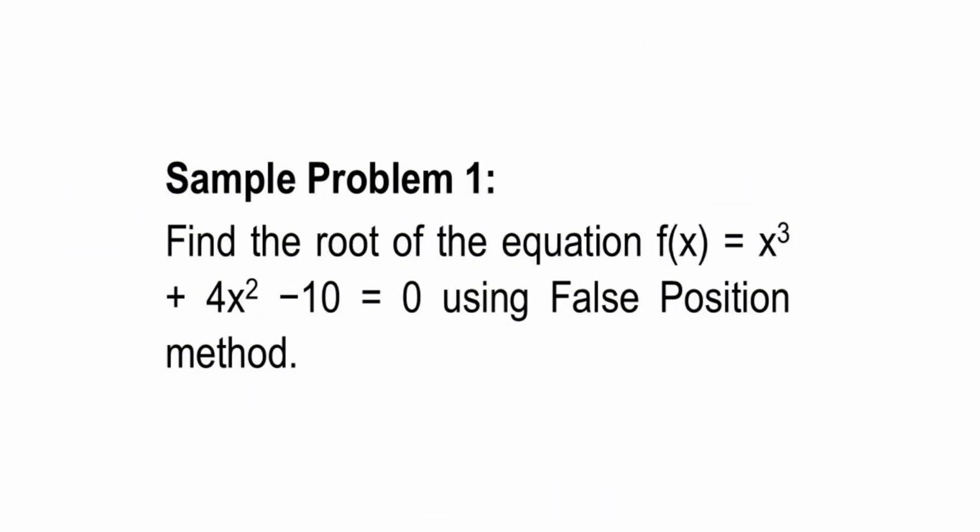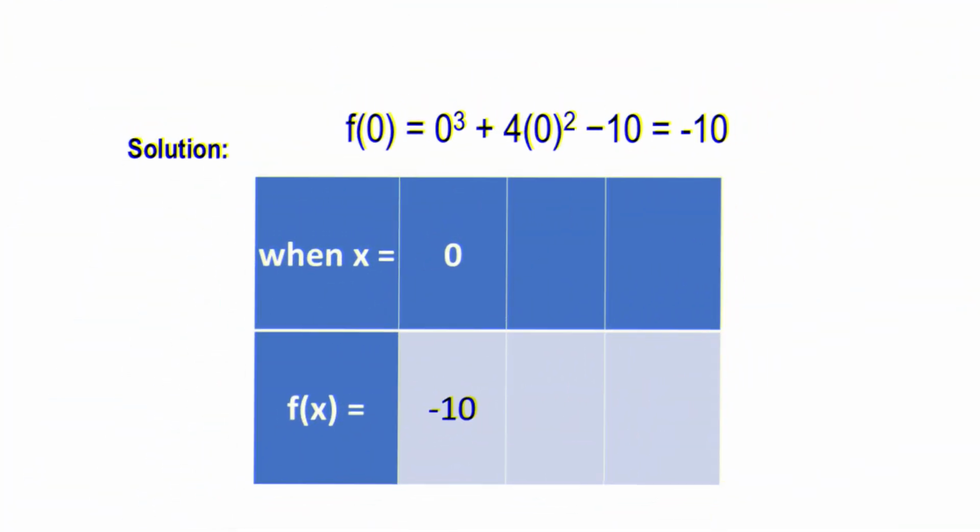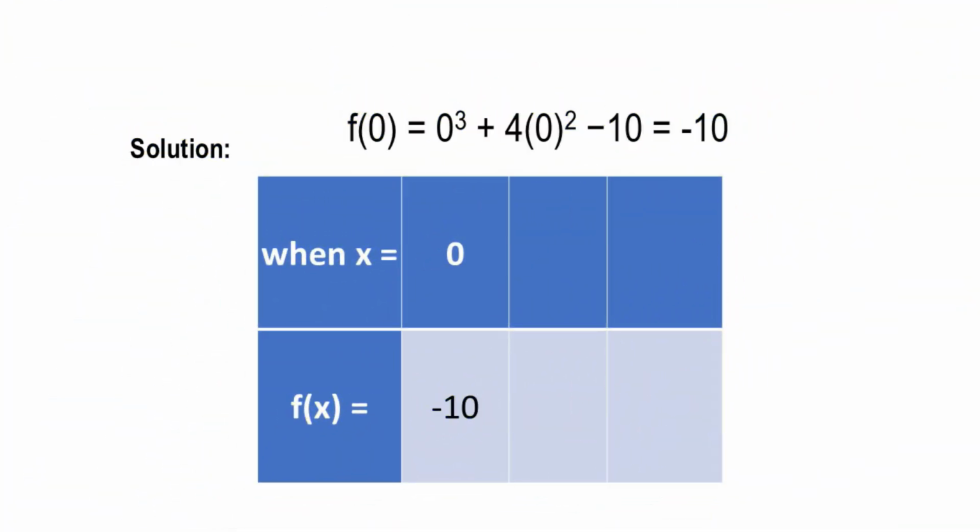So let's have here sample problem number 1. Find the root of the equation f(x) = x cubed plus 4x squared minus 10 = 0 using the false position method or Regula Falsi method. First, we set x equals 0.